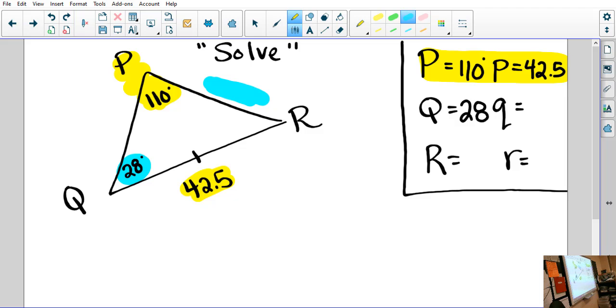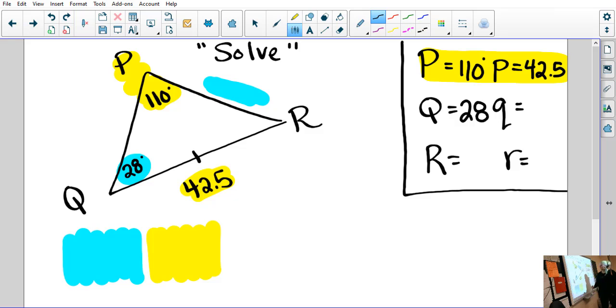So the way that the law of sines is set up is because I know angle Q, I'm going to have to find side Q to get going. So I'm going to find side Q. I know this pair. I don't know little q, but I know that big Q is 28.